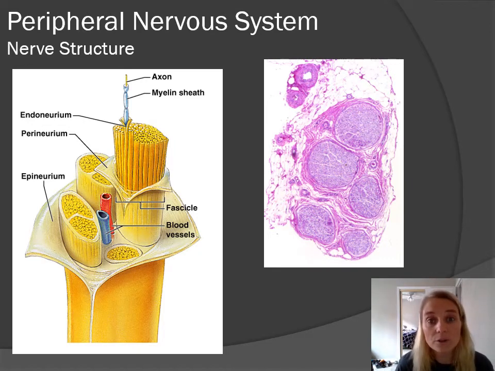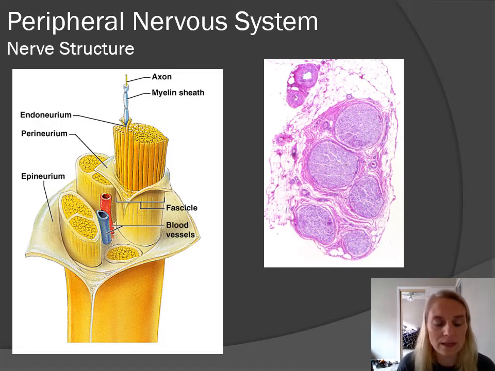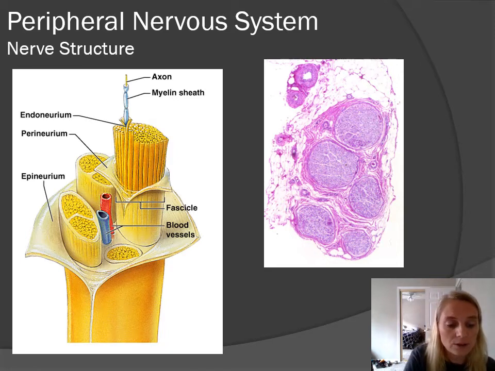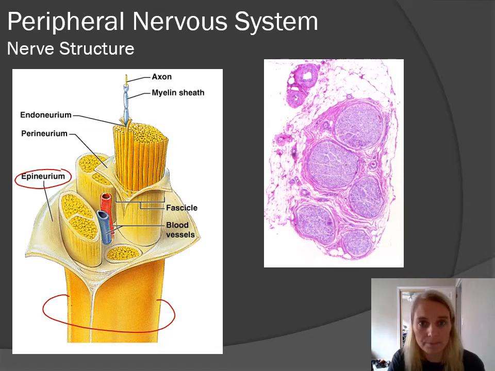They are bundles of axons that carry information to and from your central nervous system and your peripheral tissues, your muscles, your glands, your skin, things like that. So this whole nerve is wrapped in a connective tissue sheath called the epineurium, okay?